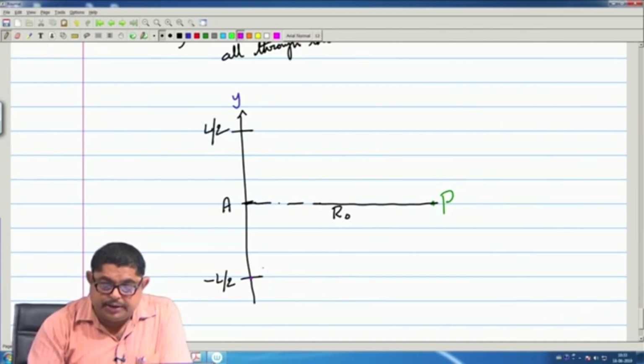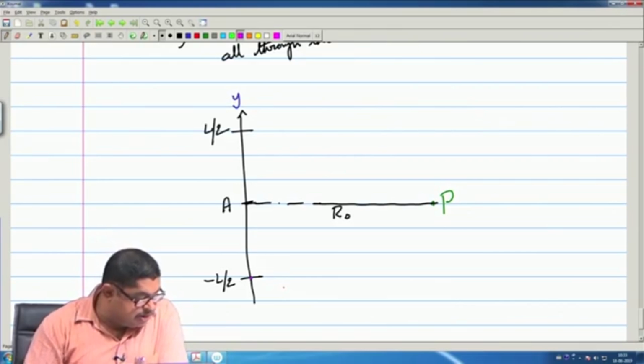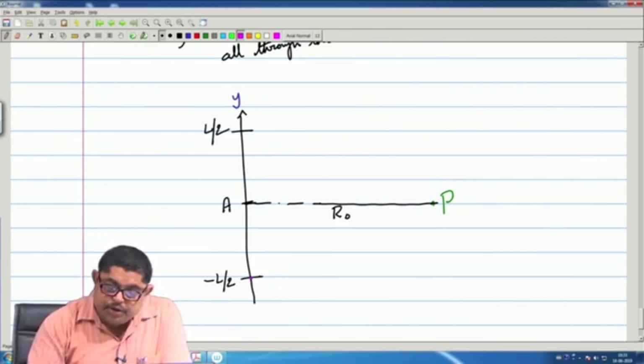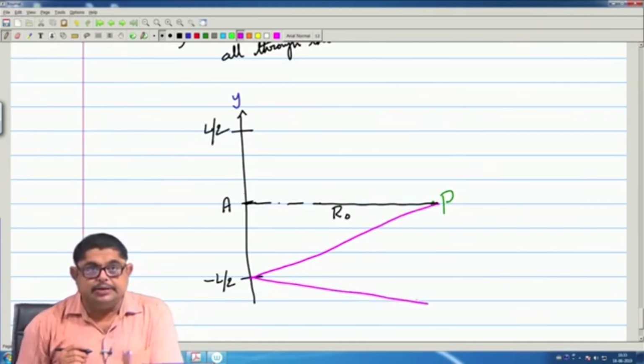So, at this point, when the radar is at minus L by 2, I should have the beam at least like this.